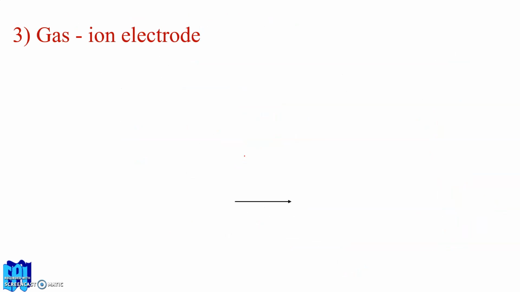Okay, the third electrode is the gas ion electrode. Without any introduction, I can say that the example of a gas ion electrode is the SHE. You know the structure of the SHE from your plus 2. It consists of a long glass tube containing a platinum wire, with a platinum foil at the end covered with platinum black.